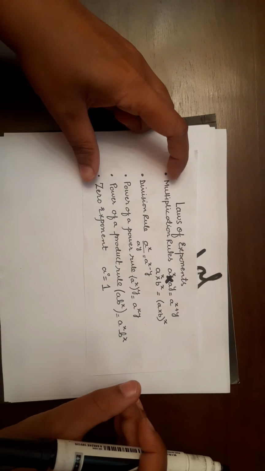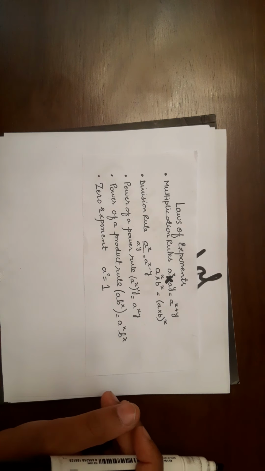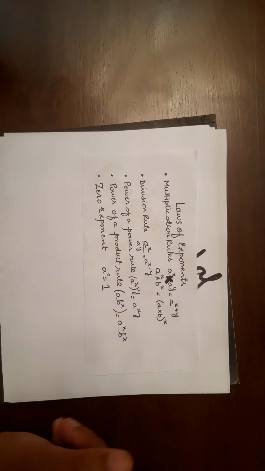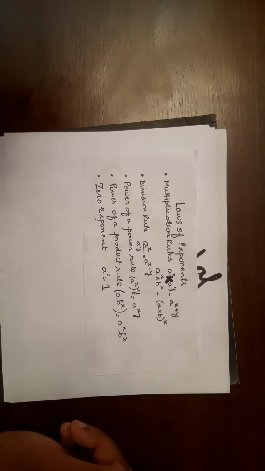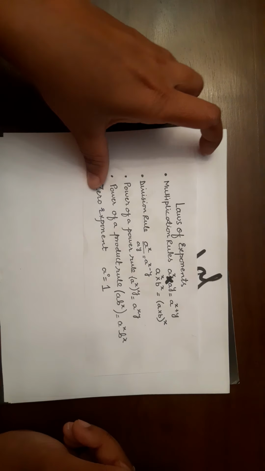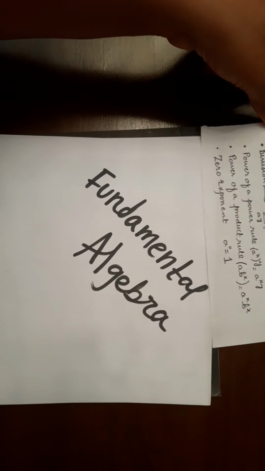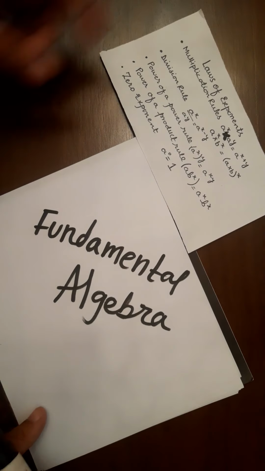examples. You must have these rules written in your copy or somewhere else while you are doing examples or attempting any questions. I already remember these laws, so let me put them here for your reference.